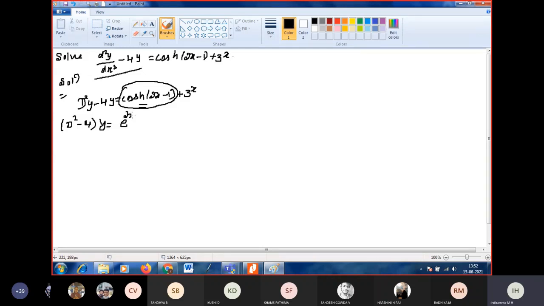In place of x we have 2x minus 1, plus e to the power of minus x, that is minus of 2x minus 1, by 2. You can write the formula on one side of the notebook: cos h theta is e power theta plus e power minus theta, whole divided by 2.